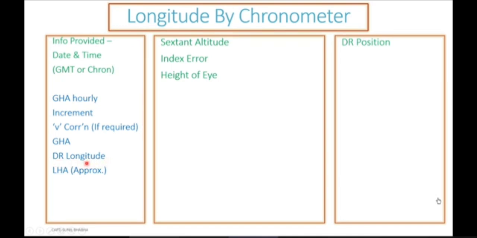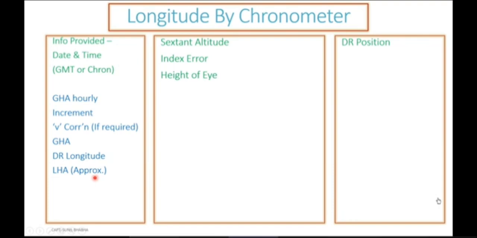So when we apply this DR longitude to the GHA, we get the LHA of the body. So we find out the LHA of the body. Now with this LHA, we write the word approximate. You can put a bracket and write along with that LHA as approx or approximate.